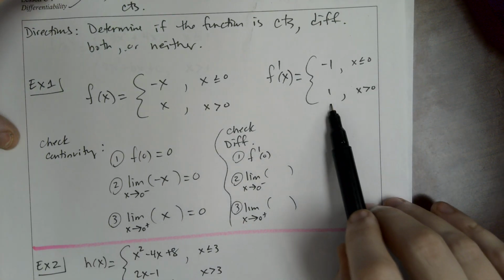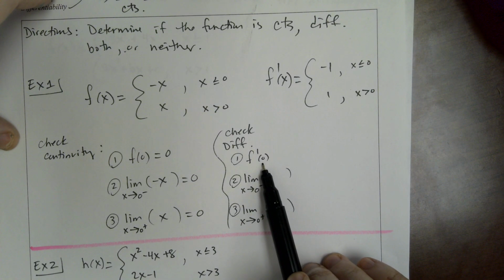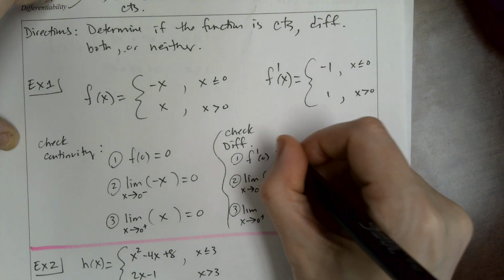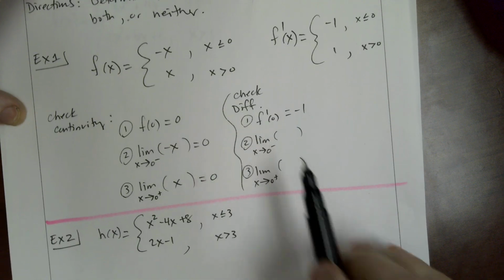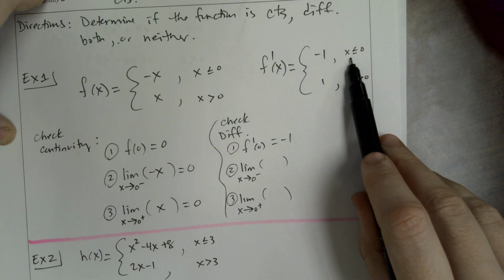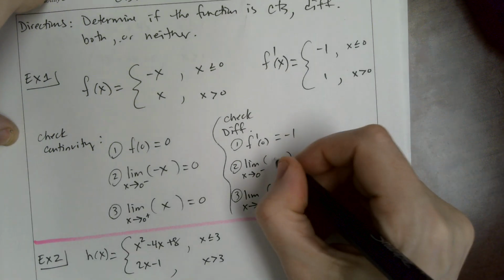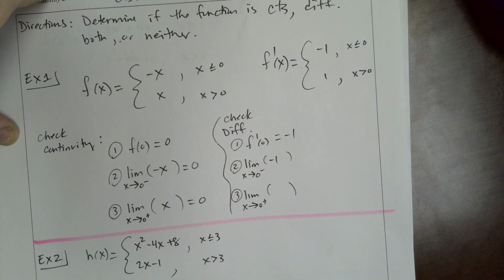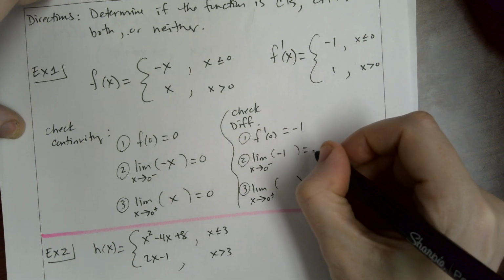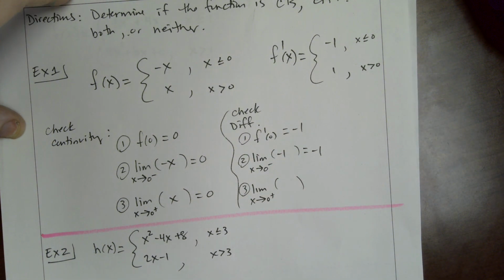Okay, so now I'm using this. So f prime of 0 would be negative 1. So we'd be plugging into the top. The limit as x approaches 0 from the left, I'd be using this top piece, which is negative 1. And if you do the limit of a constant, it's just the constant, so that's negative 1.